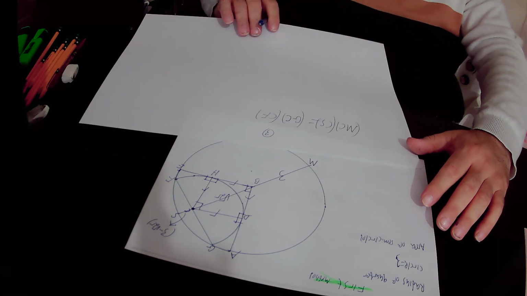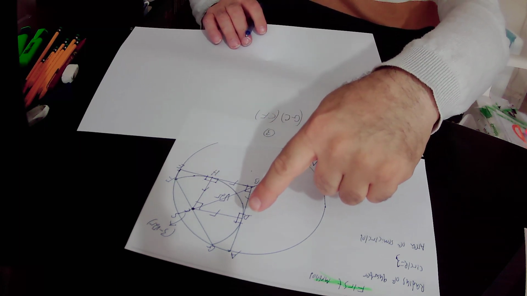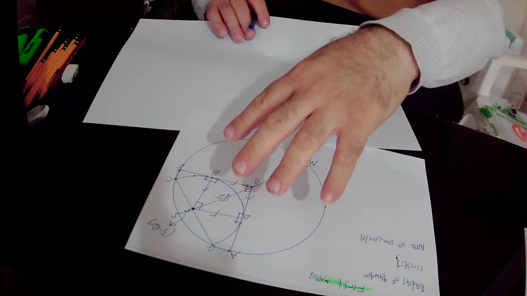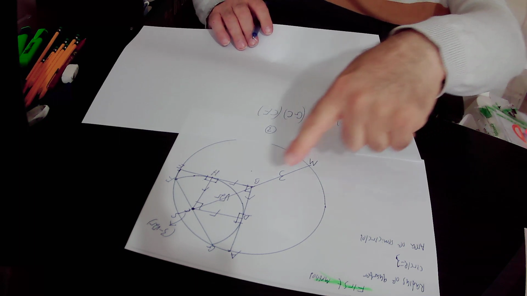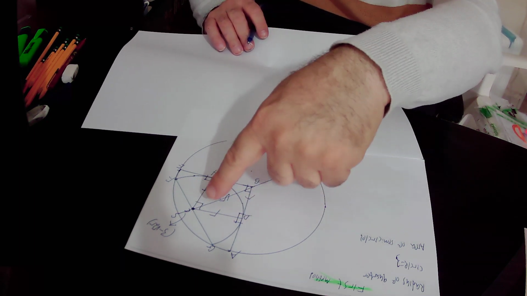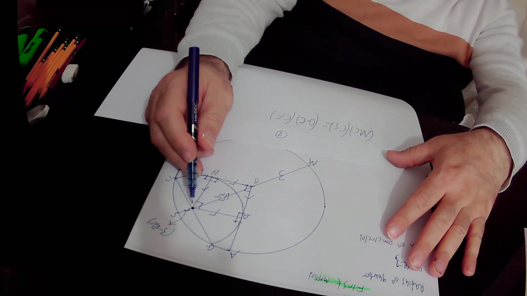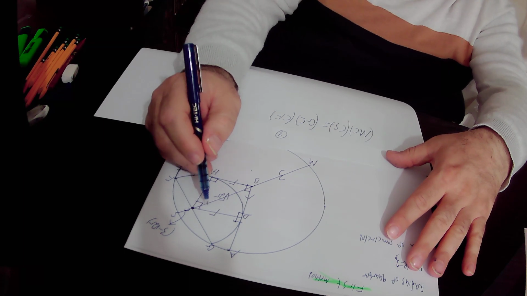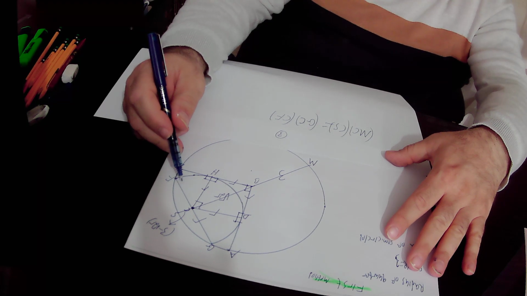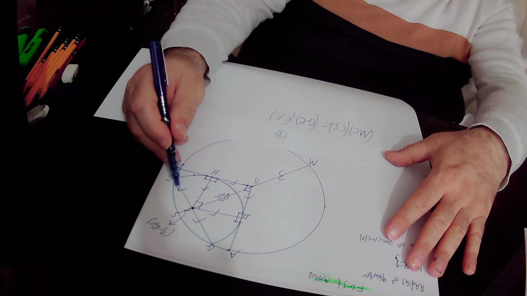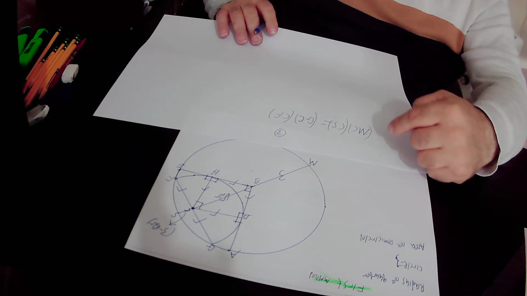Okay, chord MS intersects with chord GF inside this big circle. Therefore, according to the rule that I mentioned, MC times CS equals GC times CF. It is very easy to see that GC is the radius of the semicircle, that is to say it equals R, and CF is also the radius of the semicircle, that is to say it also equals R. So we'll put the values of those line segments inside this equation.